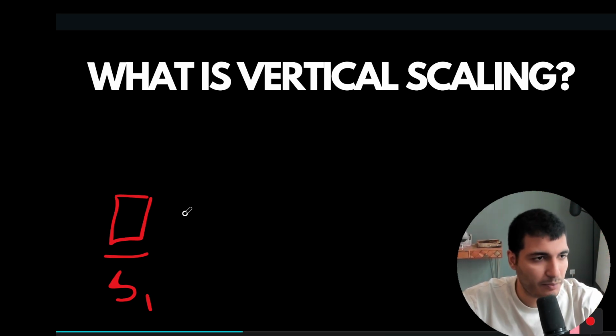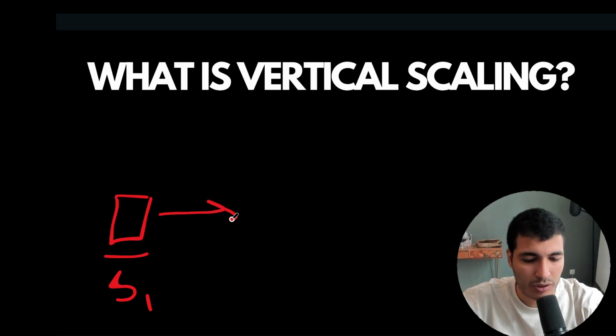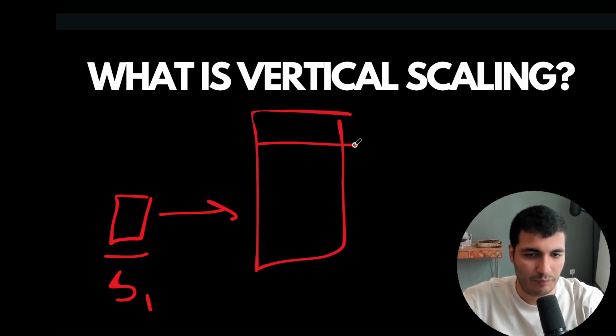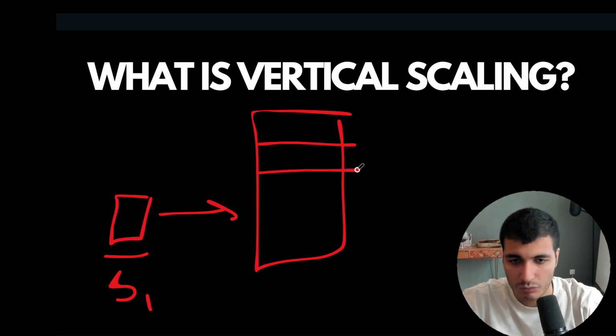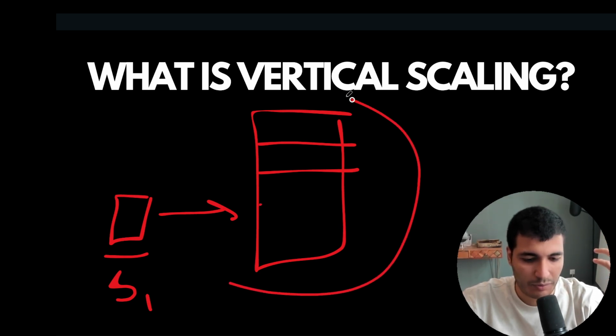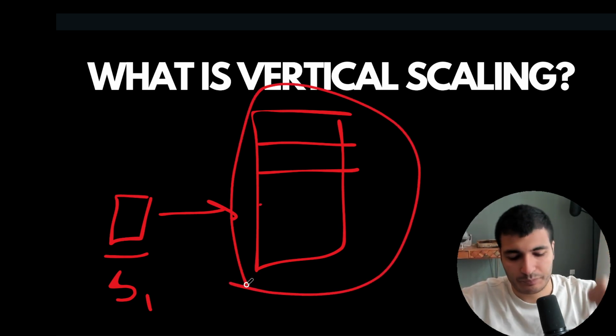So, in simpler words, with vertical scaling, you take your server and you just upgrade it. You add more resources to it, more RAM, disk storage, etc. You just make the machine bigger and more powerful.